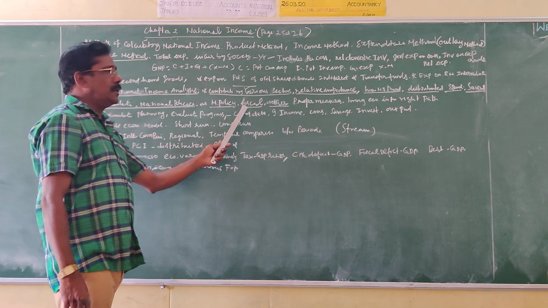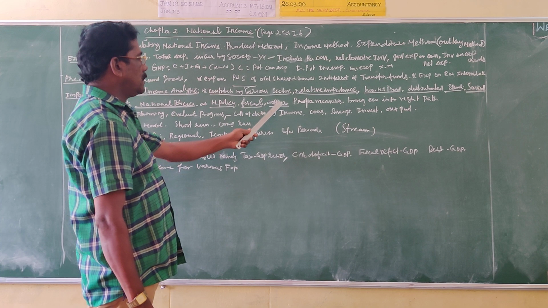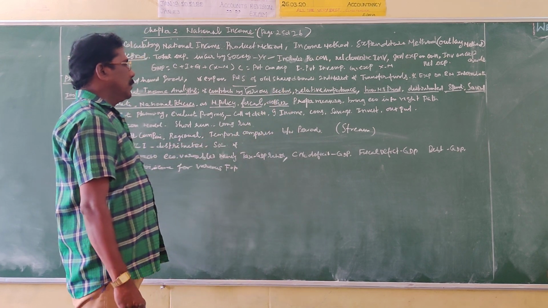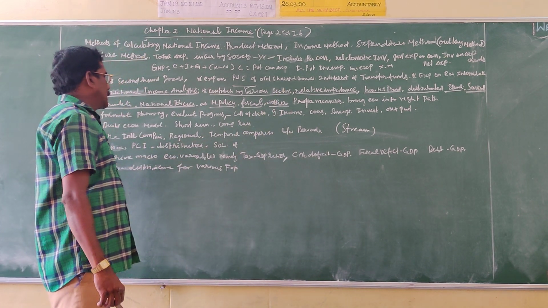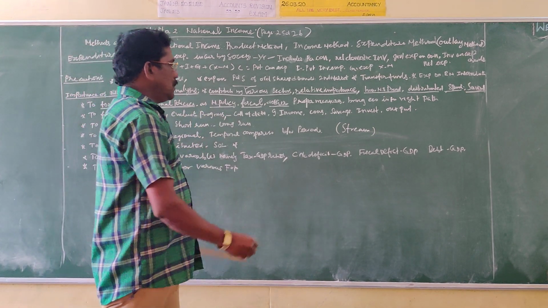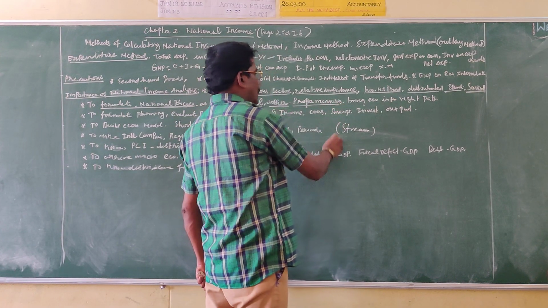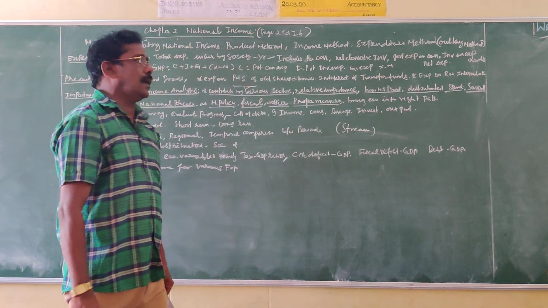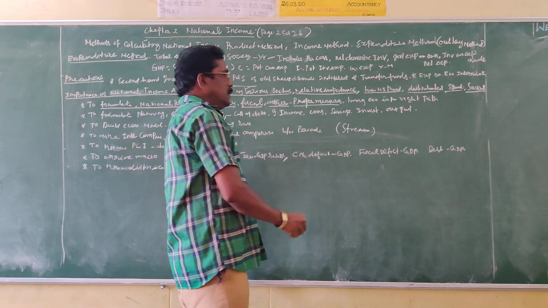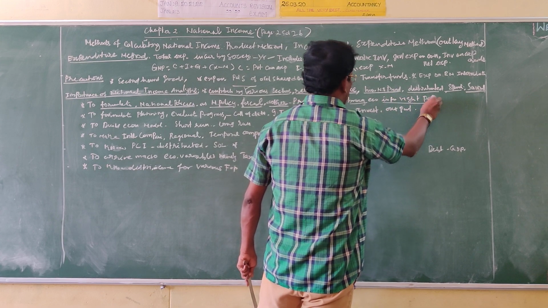Fiscal policy means regarding the taxes. Apart from these two policies, other policies are also prepared by the government. So we have to take proper measures to see whether the country is going in the right path or not.